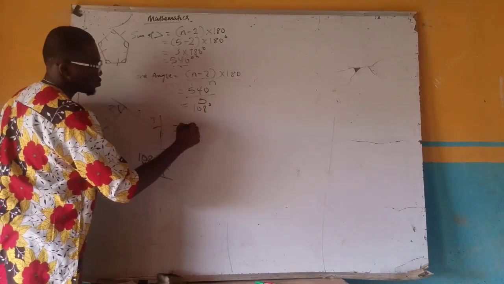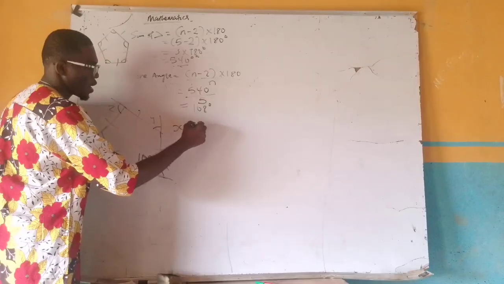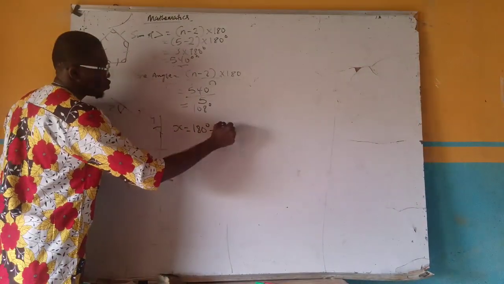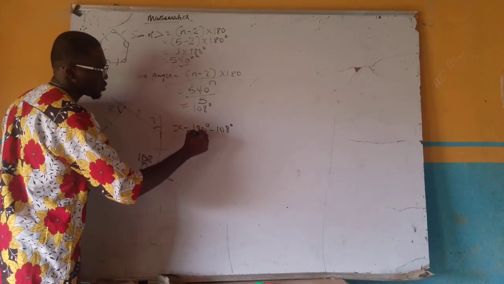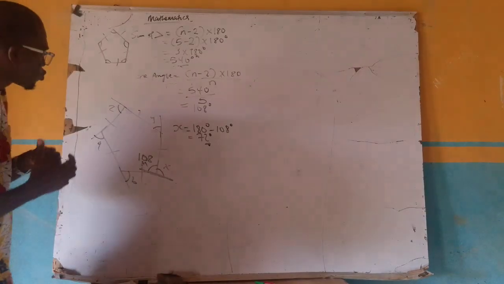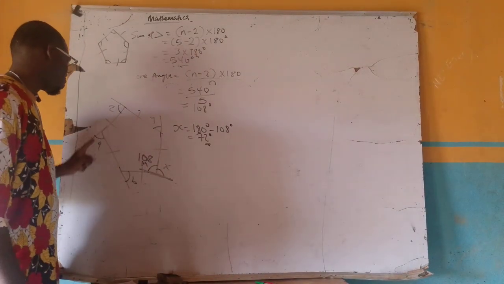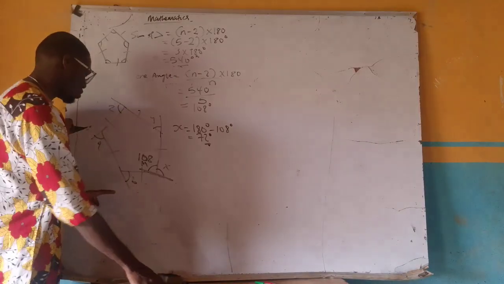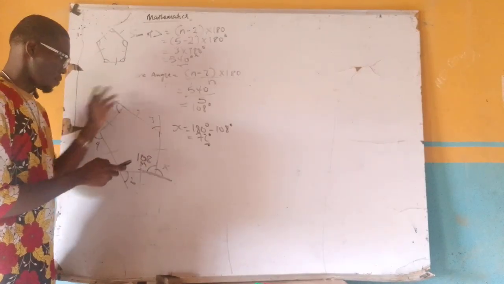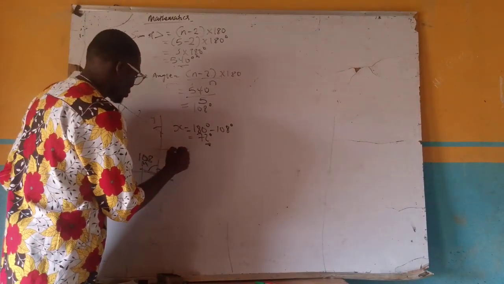So x, the exterior angle, will give us 180 degrees, angle on a straight line, minus 108. So this will give us 72 degrees. So are we going to say that 72 plus 72 plus 72 plus 72 plus 72 will give us 360? Let's find out. Remember, it's a pentagon, so that will be what?